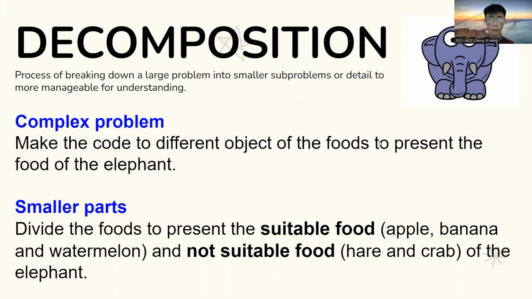This game's complex problem is divided into different objects of the fruits. We divide the fruits into catchable fruits, which are the apple, banana, and watermelon, and non-catchable objects, hair and crab of the elephants.